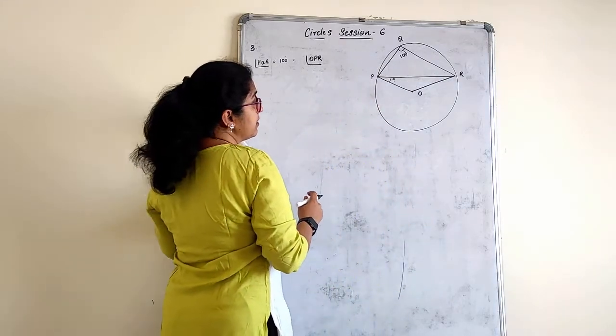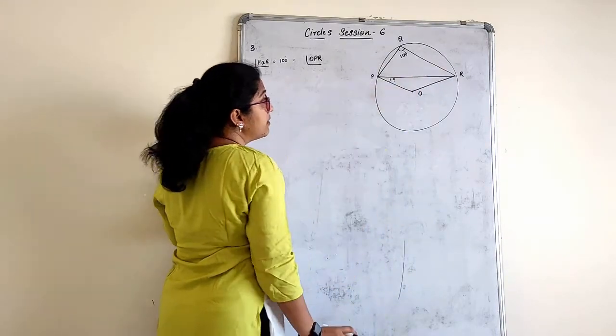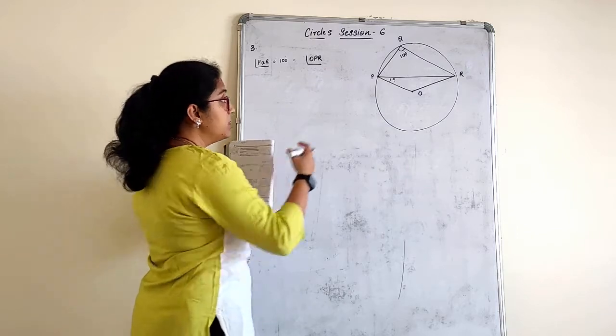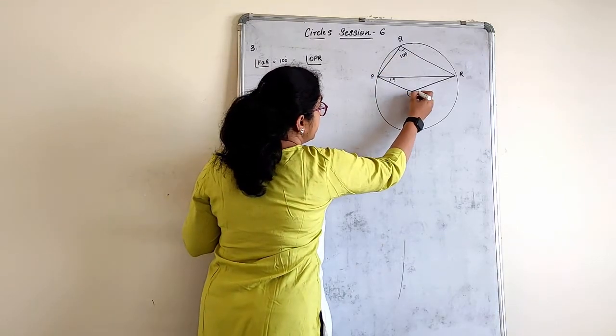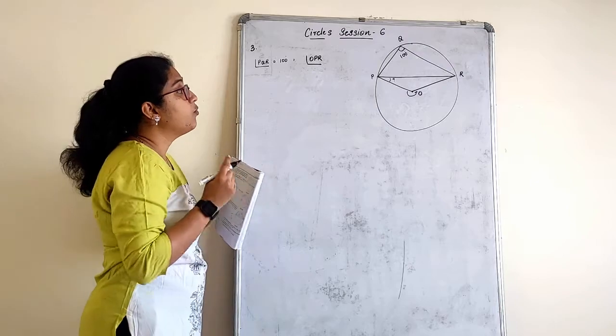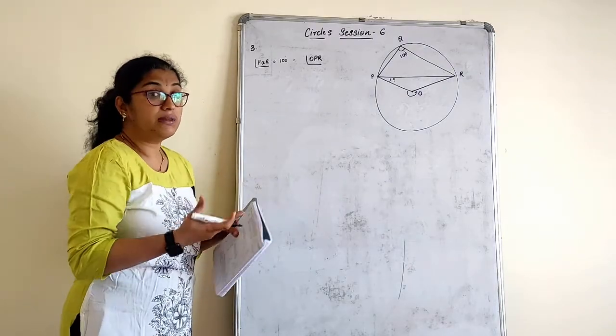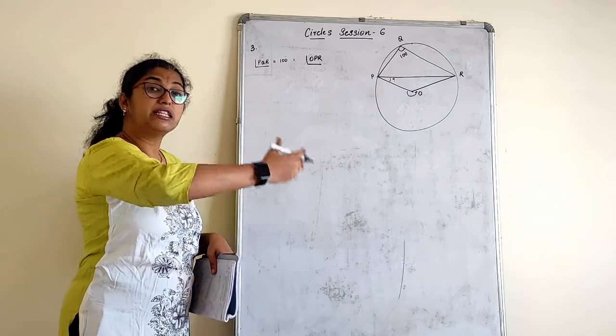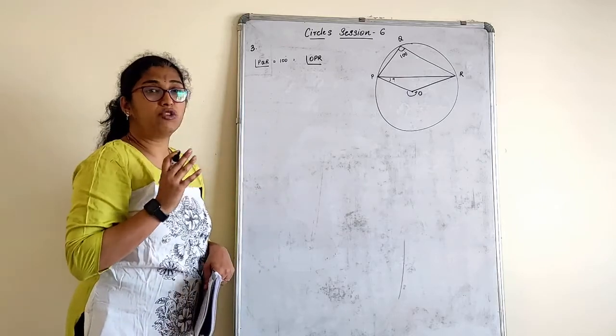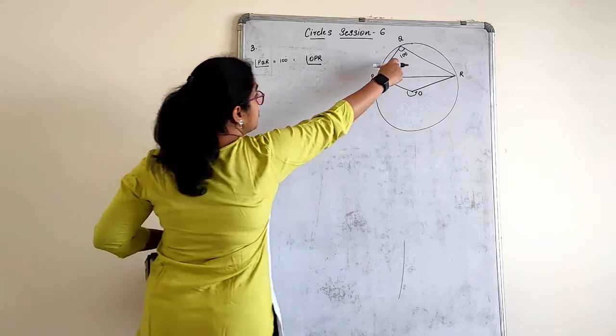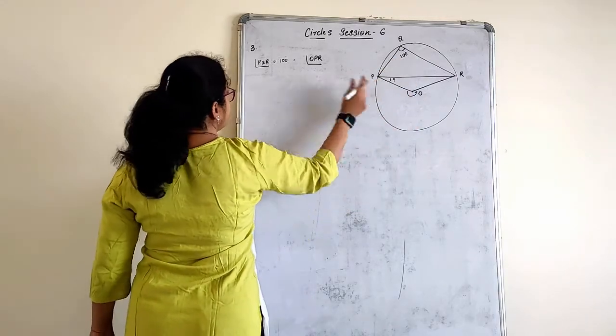So to find that angle, first of all, we need to find the remaining few angles. So we can use the central angle and inscribed angle rule here. When you look at POR, that looks like a reflex angle, but let us not term it as a reflex immediately. Let's find out the angle, then come to a conclusion whether it is a reflex angle. So this angle is twice of this.